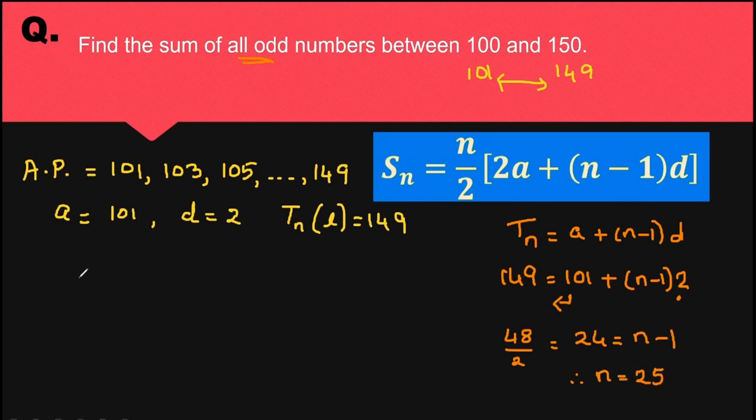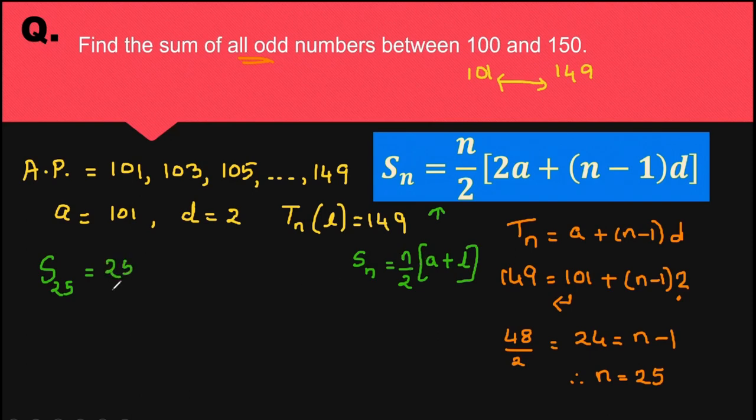Now n equals 25, so we can find the sum of these 25 odd numbers either using this formula or the alternate formula, that is Sn equals n by 2 times first term plus last term, since we know the last term in this question.